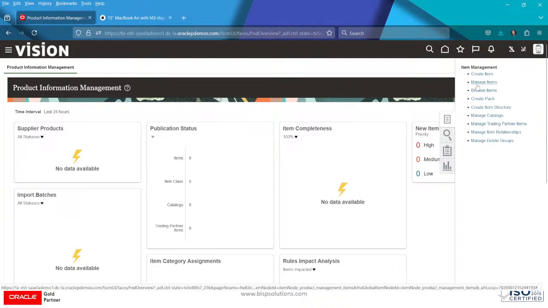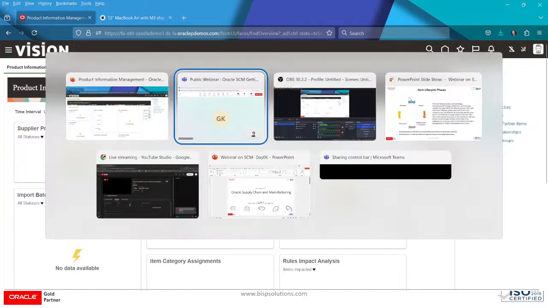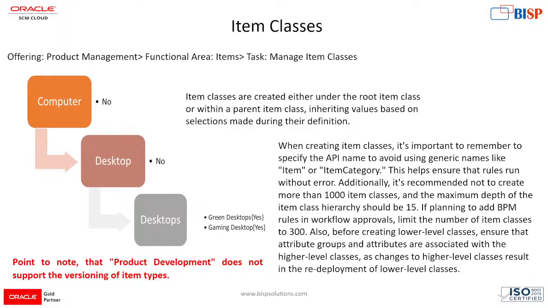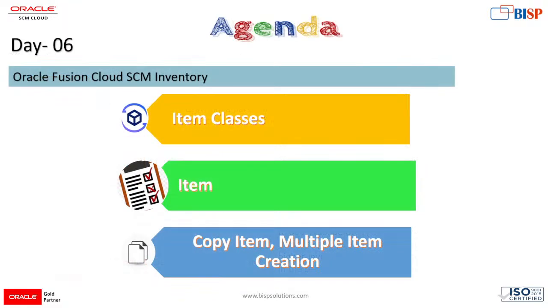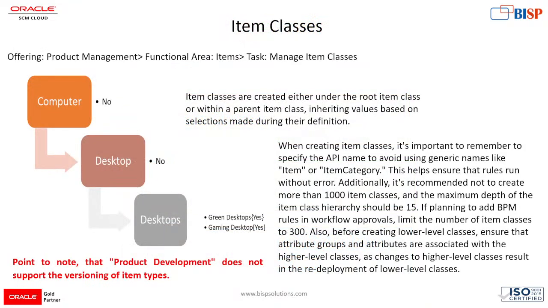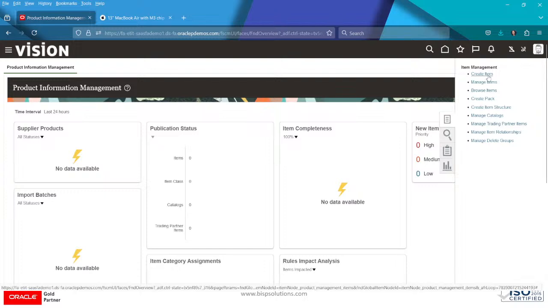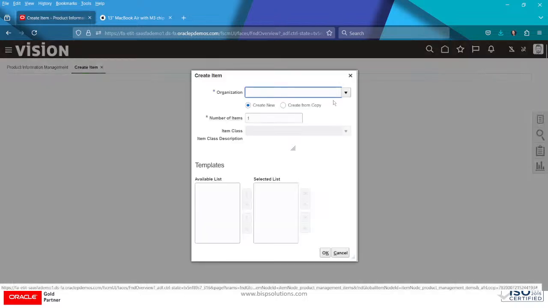Now let's see how to create a copy. The next topic, if you see the next topic, is copy item and multiple item creation. So go to create item.